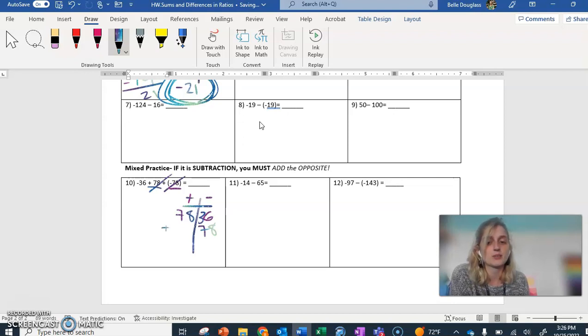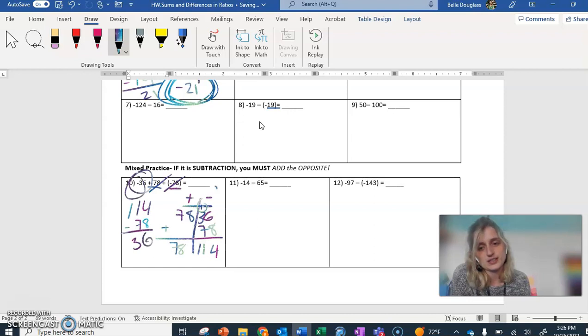Or maybe you would add them all up and say, okay, 78 for the positive side, and 8 plus 6 is 14. That's 114, but then you'd have to subtract 114 minus 78. And guess what? It's going to equal negative 36, or 36 on the negative team, which is the team that won. So just because there's more than one, or more than two, parts to your problem doesn't mean that you can't solve them in the same way.